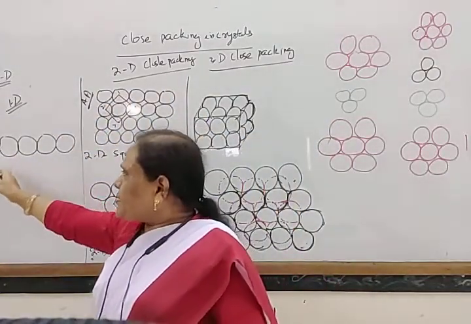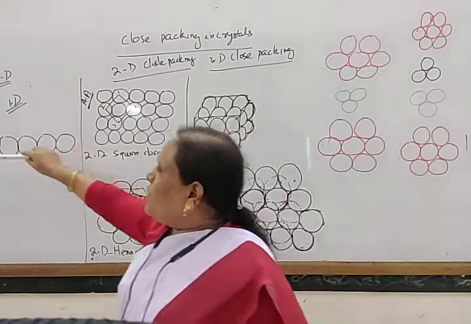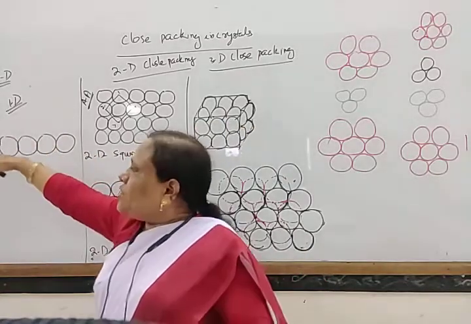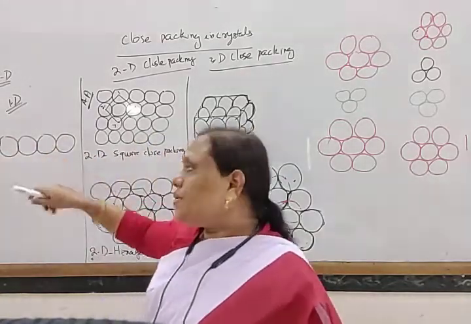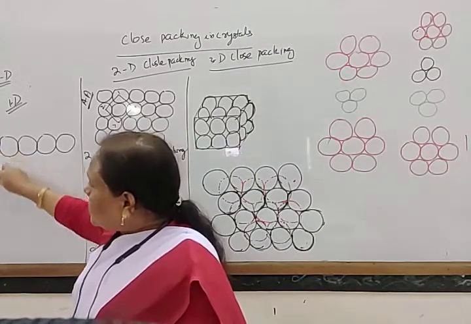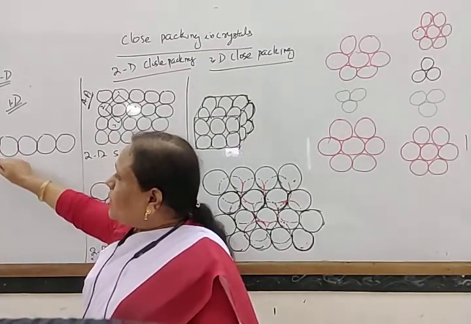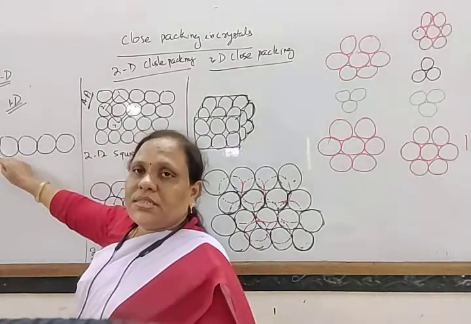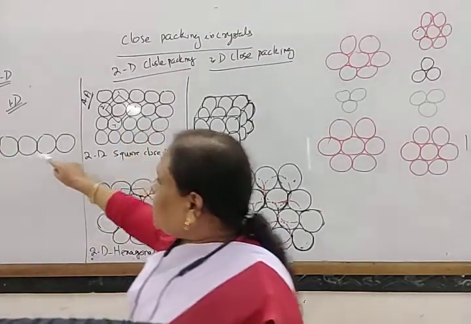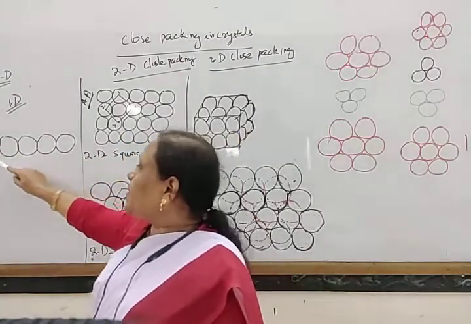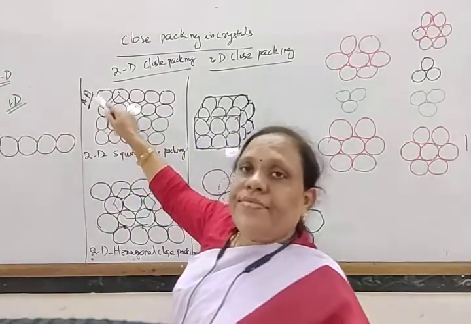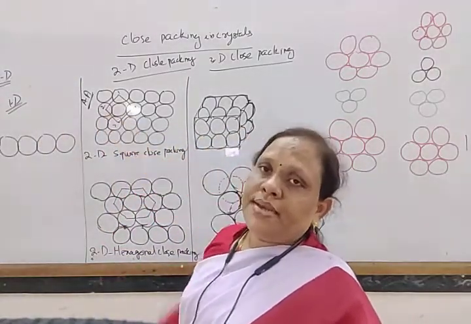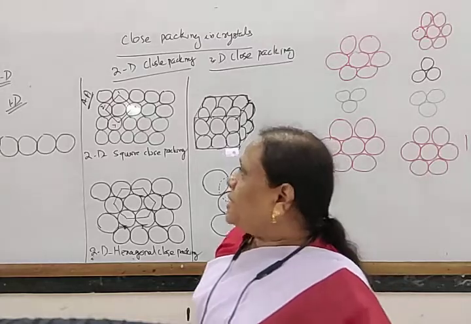One, if we arrange the second layer just below the first layer, so that each sphere is in direct contact with another sphere, this type of arrangement is called AA type arrangement.